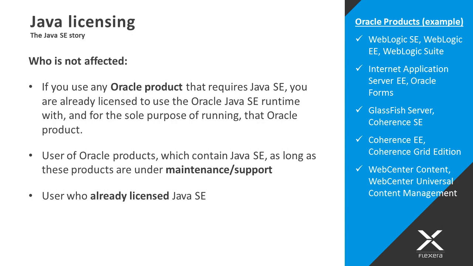Ideally, you have a tool to identify installations and running Java processes, and then you have to discover the software that is using the Java SE product, and then you might be good, because this third-party product is licensing Java SE as well.